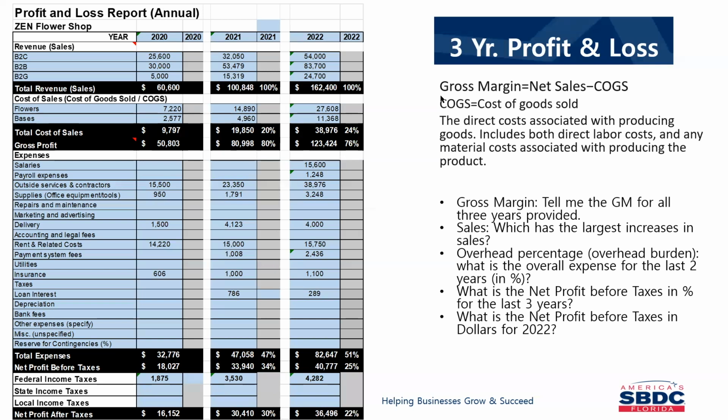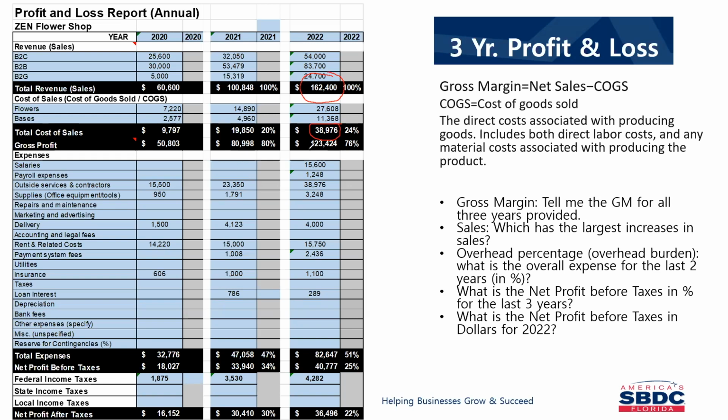What is gross margin? Again, gross margin is whatever your sales were here, and I subtract the cost of goods sold right here.